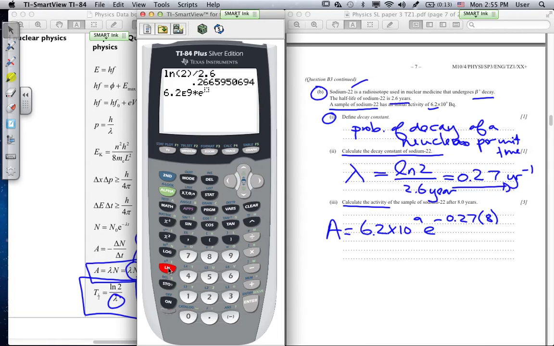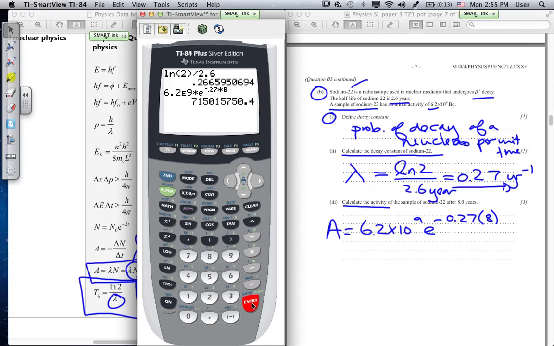That gives me e to the x, and here I put in my minus. We don't need to put in brackets, I don't think. 0.27 times 8, that's all fine.